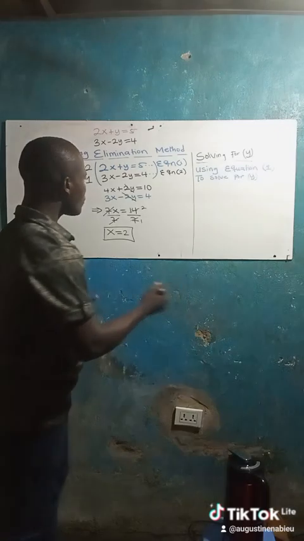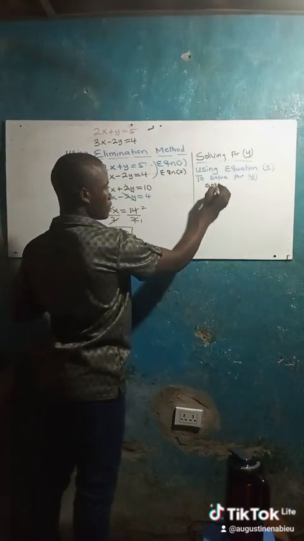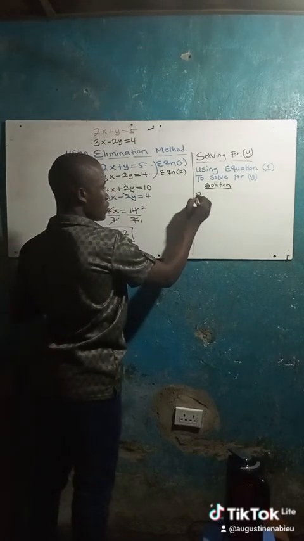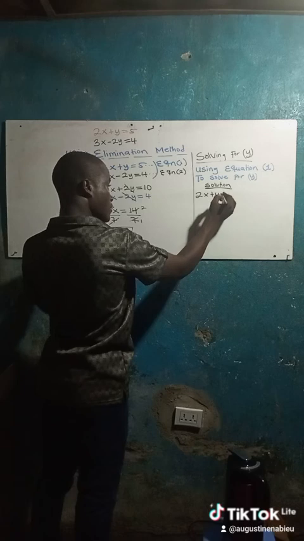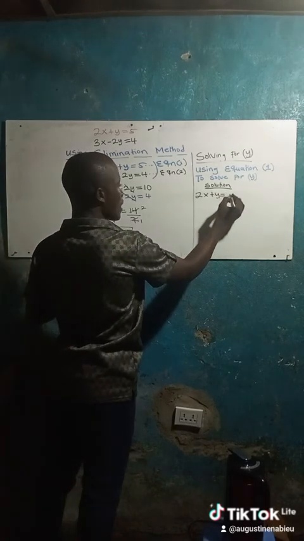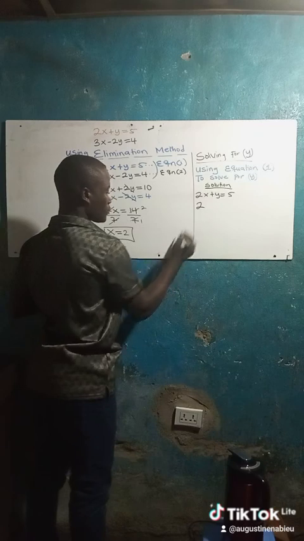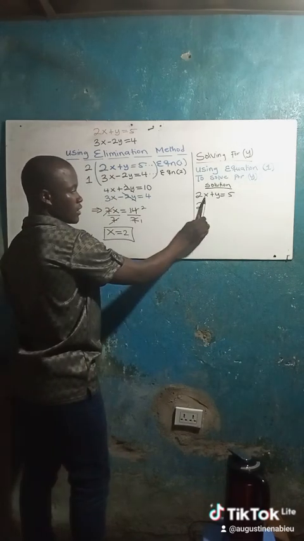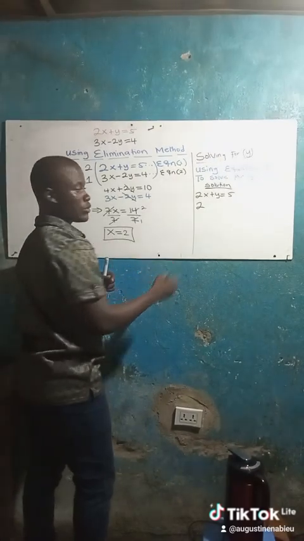So here's equation 1. I'm going to write it. Solution. Equation 1 is 2x plus y is equal to 5. I know that the value of x is equal to 2. So anywhere I see x, I'm going to replace it with 2.